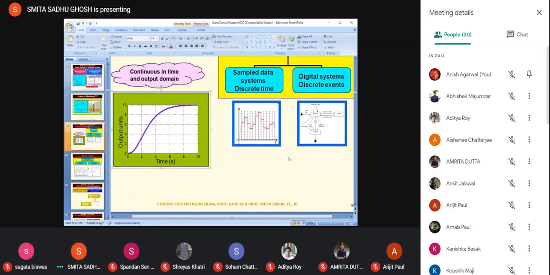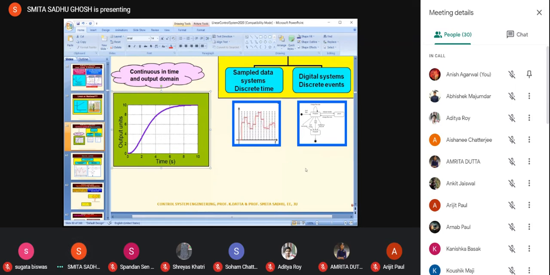A very simple example would be, in an electrical system, a switch which is closing at the 0th second, first second, second, third second, right? So the output will be there only at those discrete instants, and elsewhere you will not be able to get the value of the output at all, right? Because the switch is open.